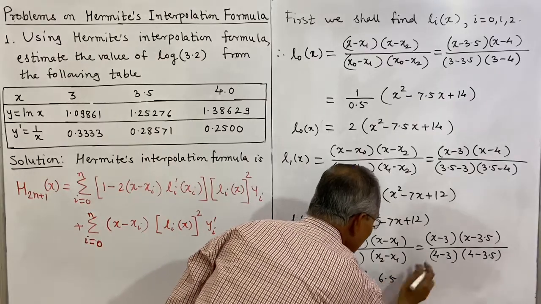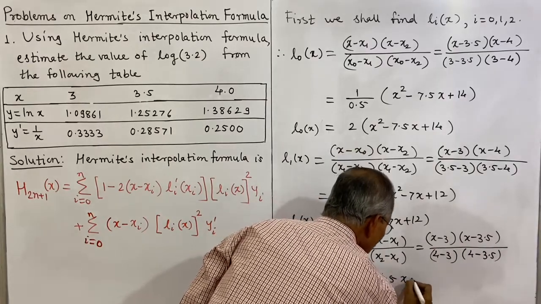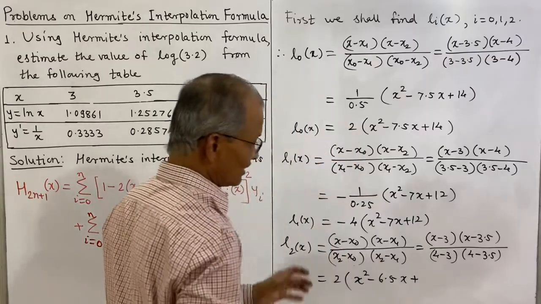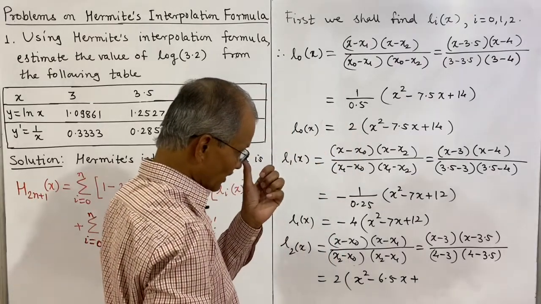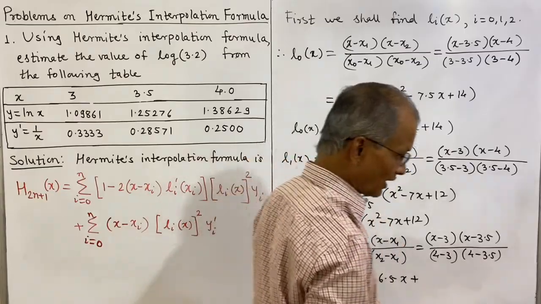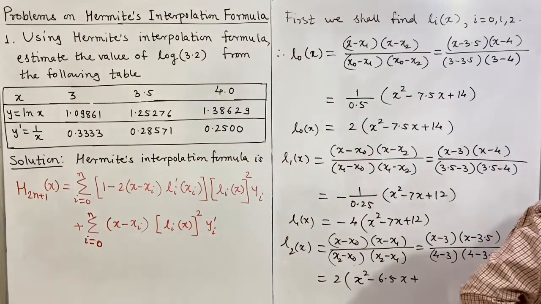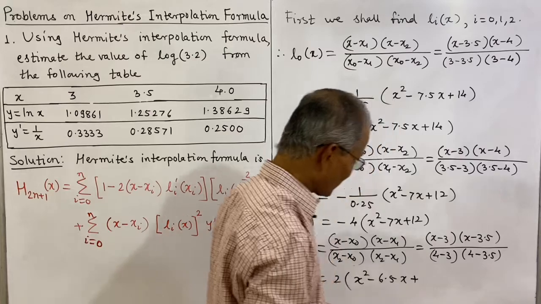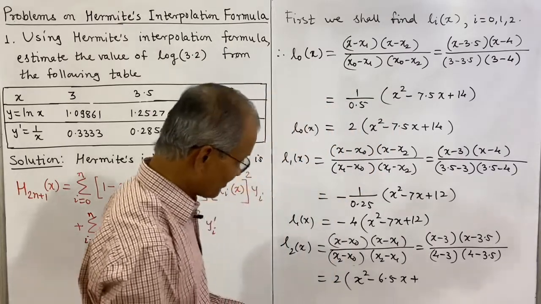minus 6.5, sum of these two, times x, and plus 3 into 3.5. So that we have to calculate. I have done this calculation. I have actually worked out this problem, and to save time I will write this.